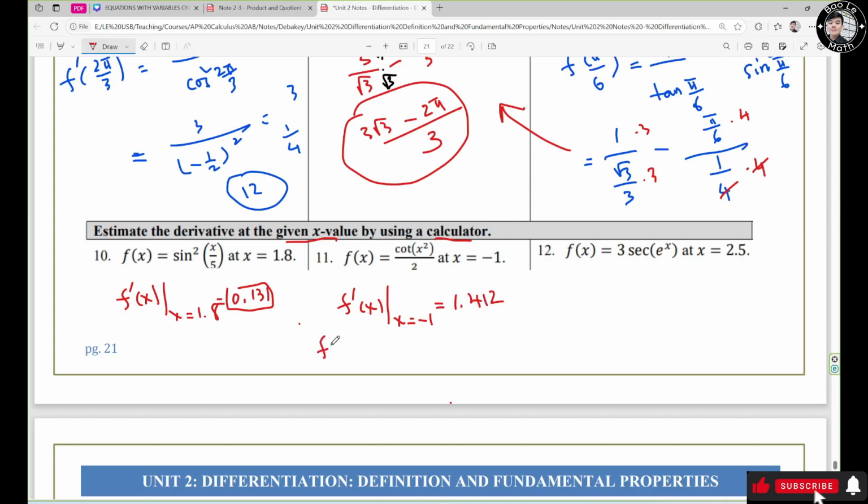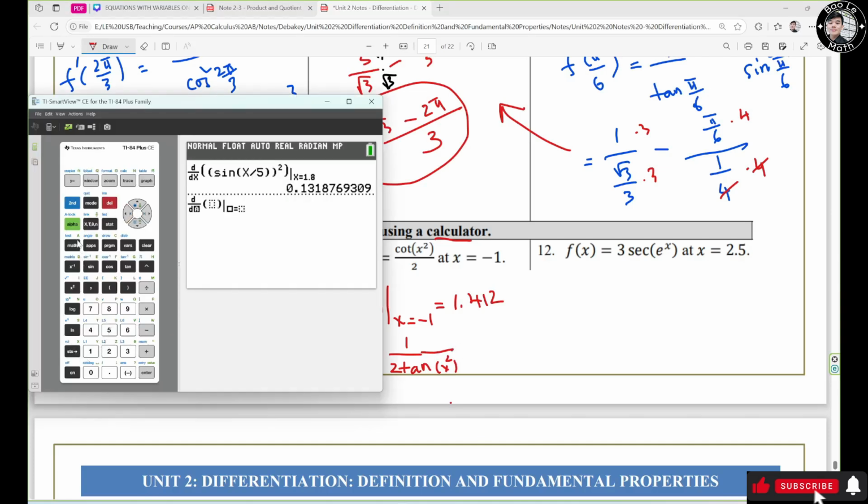So you need to write f of s equals, since tangent and cotangent are reciprocals, this turns out to be 1/2 tangent of s squared. I put the variable s right here. So right here, I just input 1 over, parenthesis, 2 tangent of s squared.